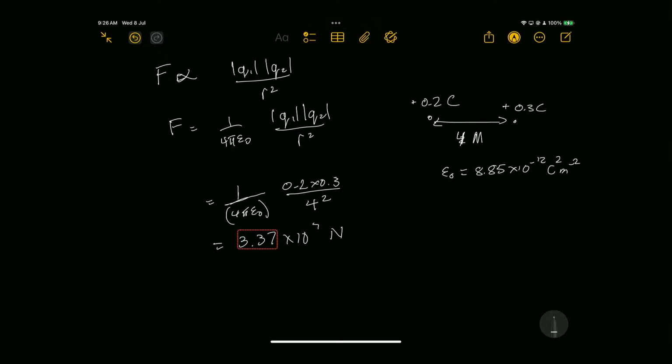What about charging by induction? Right, so charging by induction, we have two neutral metal spheres that are in contact with each other, and then a charged object is brought close to these two spheres.